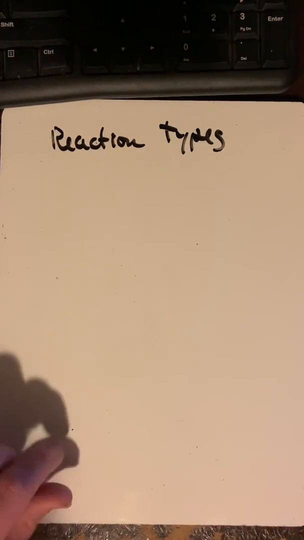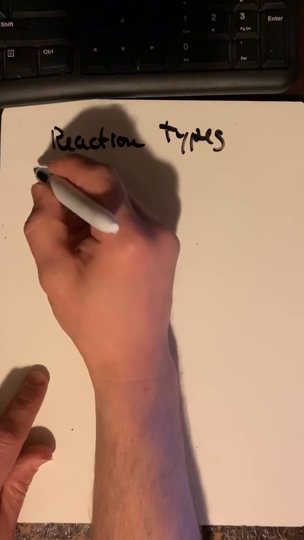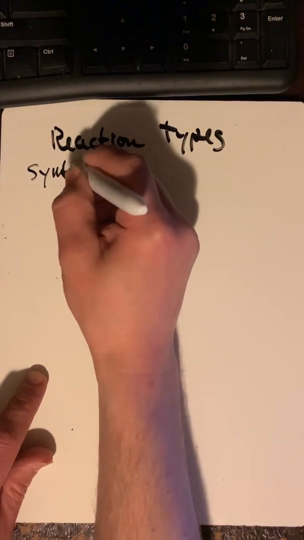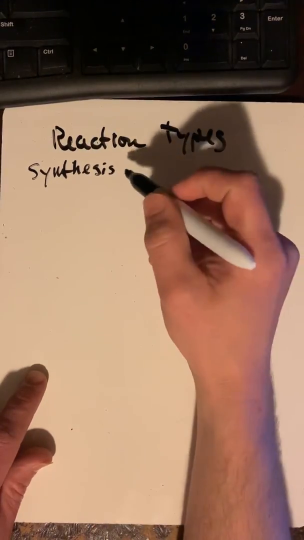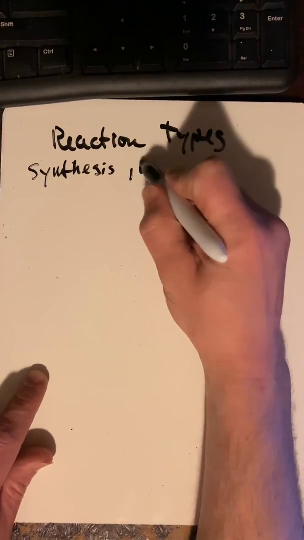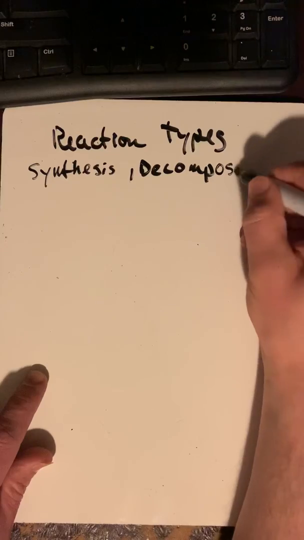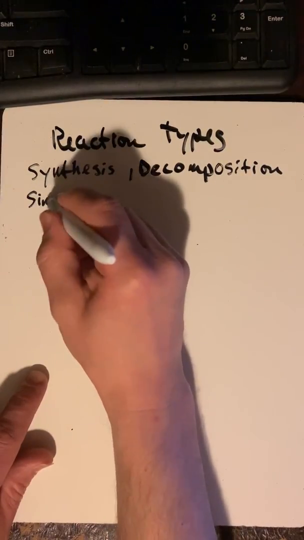And there are 5 types of reactions. You don't need to know these terms because they will be given to you in like a word bank. The first type is synthesis. Second type is decomposition. We have single displacement.